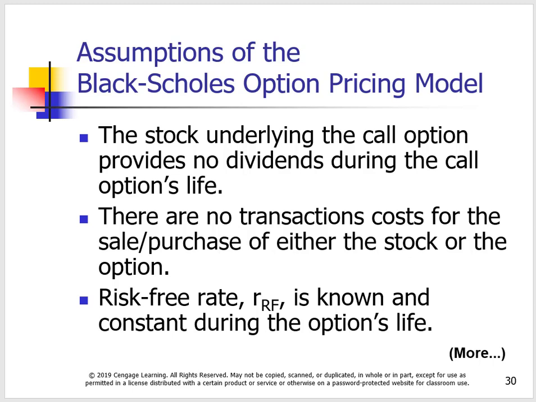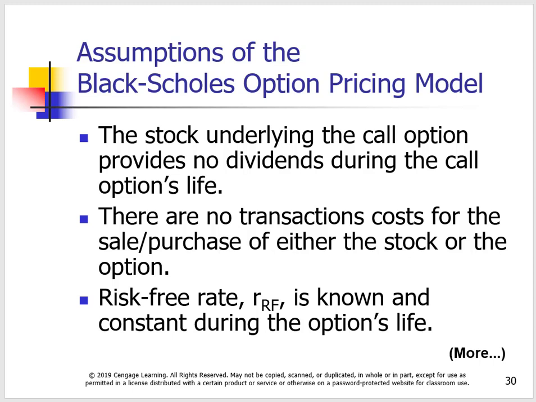So the value of the option is going to be positive to one side of the strike price, and the value would be zero or negative to the left side of the option. So it looks at this normal distribution. We're going to utilize the normal distribution in Excel, and you'll see how we do that a little bit later. But there are some assumptions.